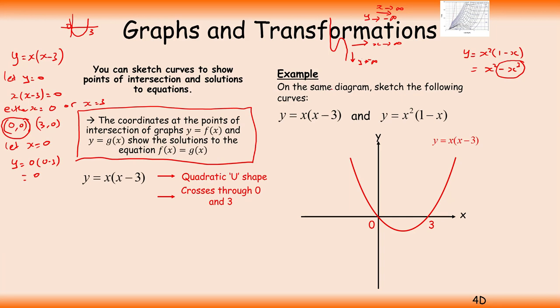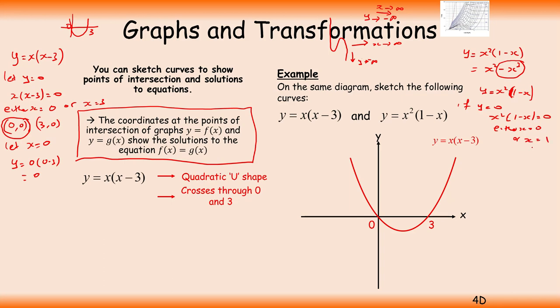Okay, I can also get some points off this. We say that y is equal to x squared times (1 minus x). That's just the brackets there, it's not negative. So if y equals 0, that means x squared times (1 minus x) is equal to 0. So either x is equal to 0 or x is equal to 1.